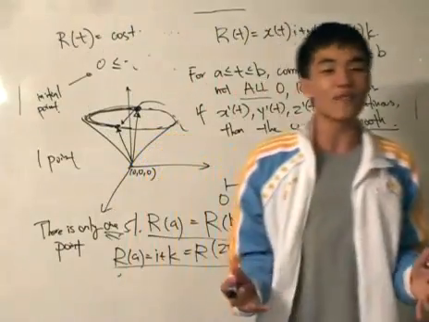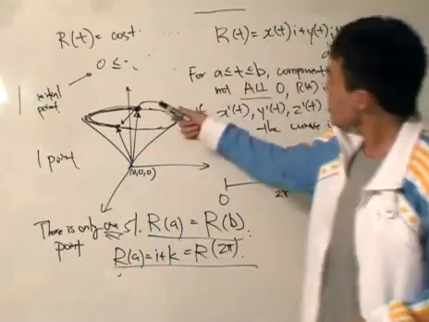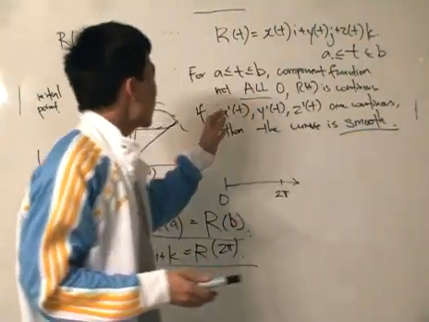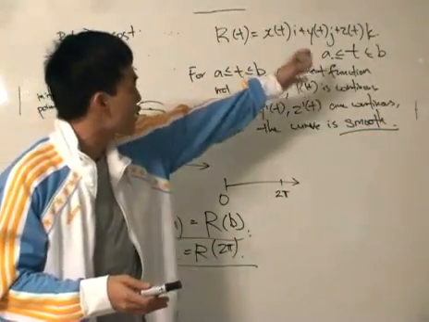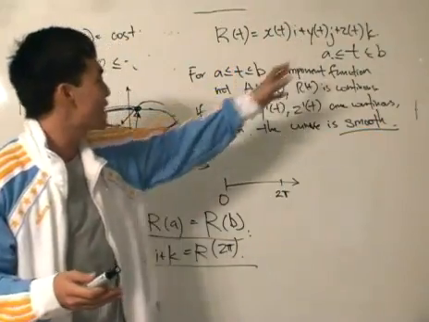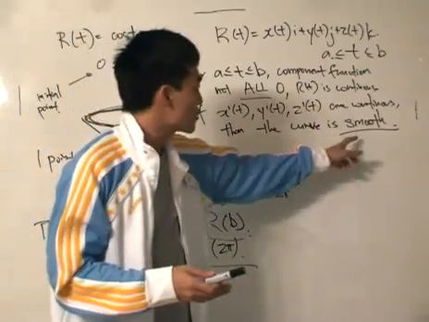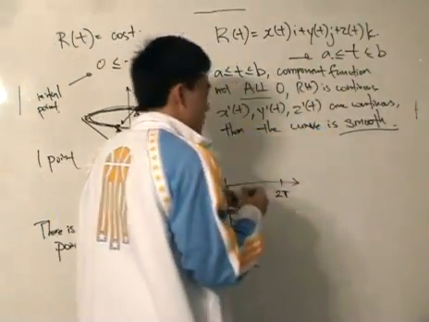All these are new definitions because you really need them for the following theories. So we have the closed curve and we have whether the curve is smooth or not. So if the first derivatives of the x, y and z component functions are continuous, then the curve is called smooth, within the range of a to b for t.